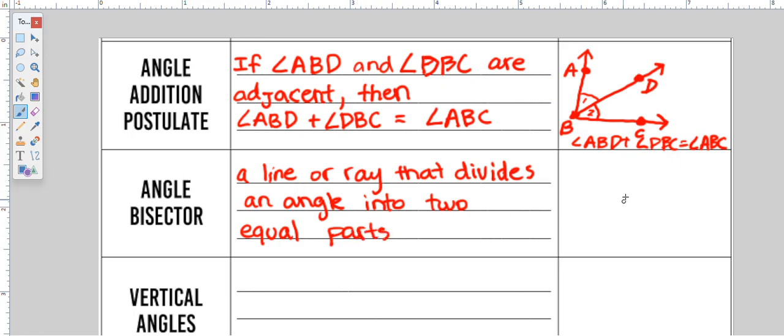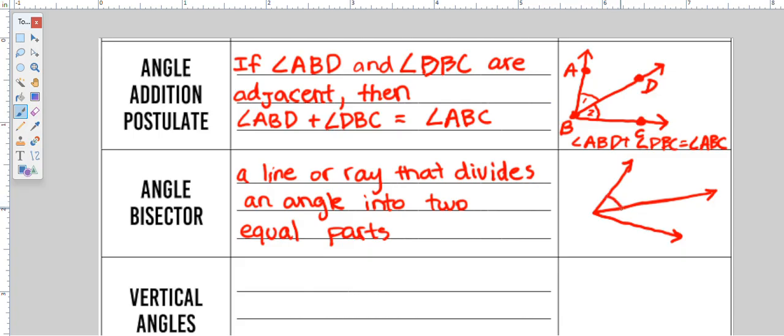So, for example, here is my angle, and in my angle, we have a line or a ray that extends through the center. It has to be through the center. That is a bisector.